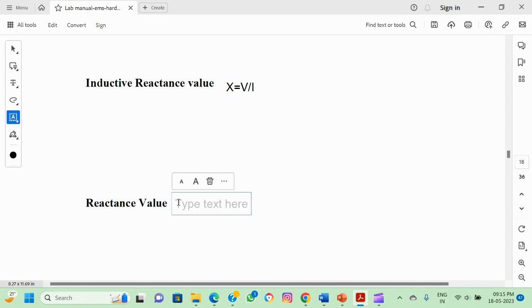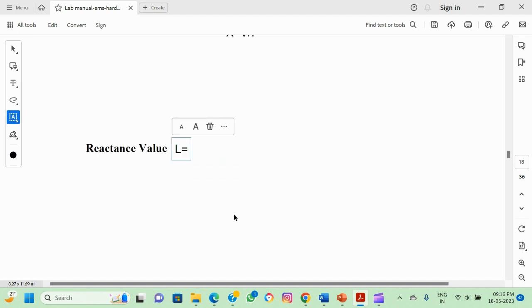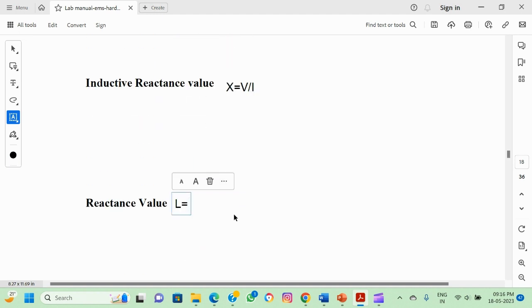And how can we calculate the inductance value L? Sorry, here it is written reactance, just change it to inductance.